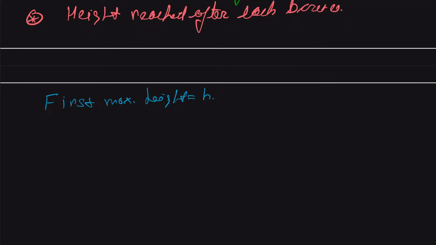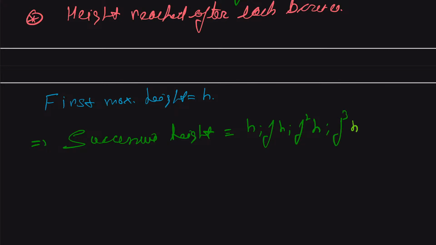So it means the successive heights will be equal to h, and it is given that every height is a fraction of the previous one, and that fraction is given as f. So that will be h, f times h, f square h, f cube h, and so on.